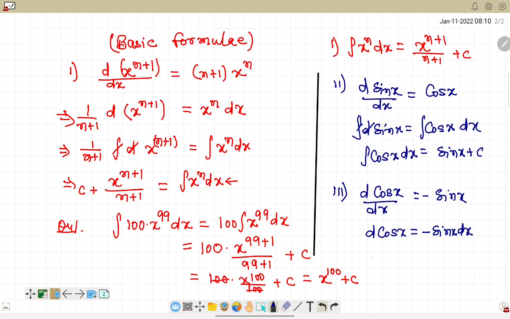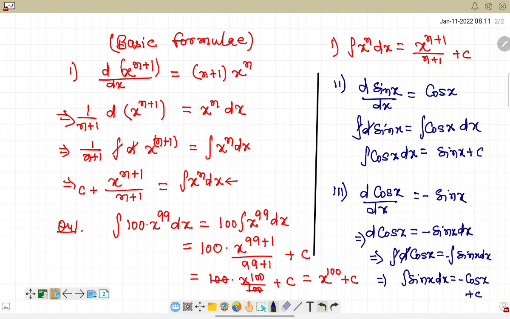Taking the integration sign on both sides, integration of d cos x is equal to integration of minus sin x into dx. Now these two will cancel, giving cos x. So integration of sin x dx is equal to, with this minus sign shifted to the left-hand side, minus cos x plus c. So till now we have discussed all these three formulas. You can take a screenshot or note it down.